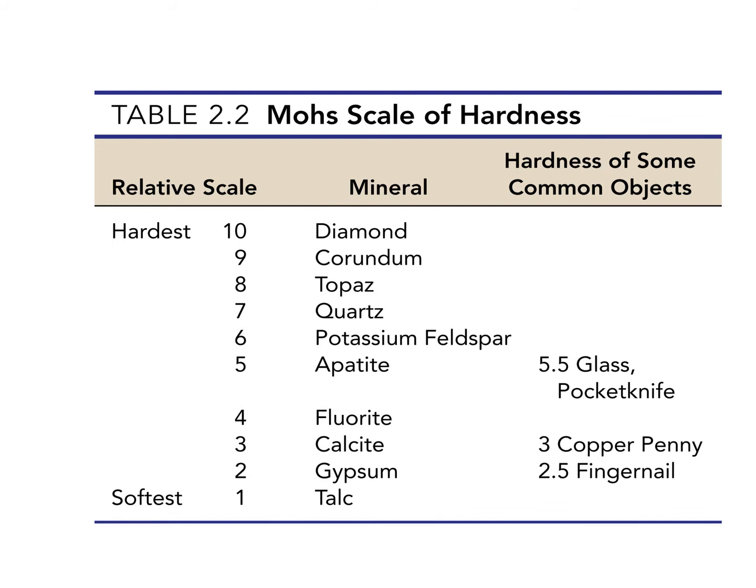Now looking at some of the different minerals in between, you will also see that there's some materials off on the right that we can use to compare the hardness.